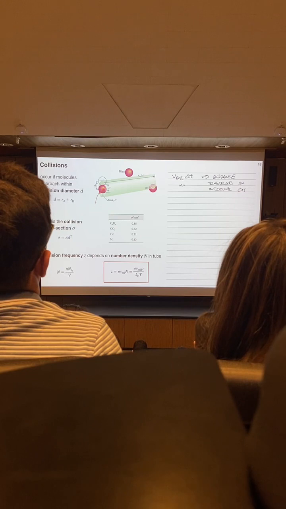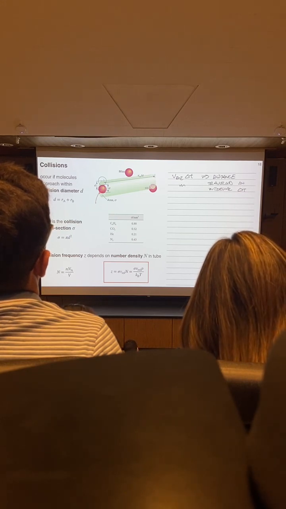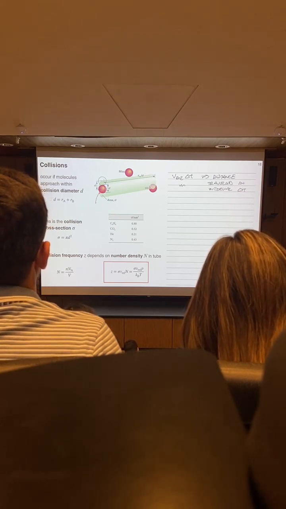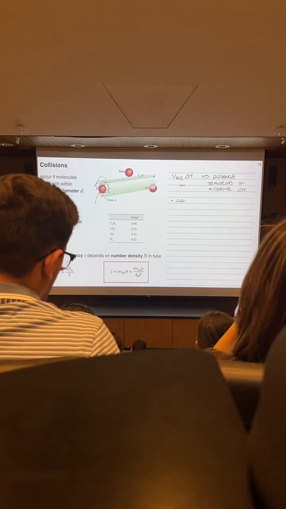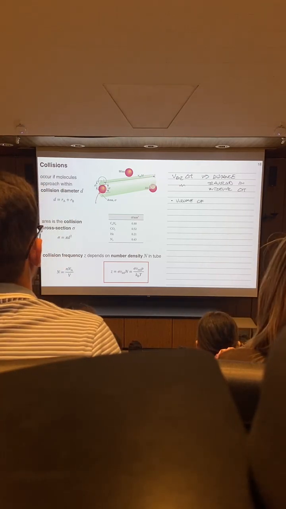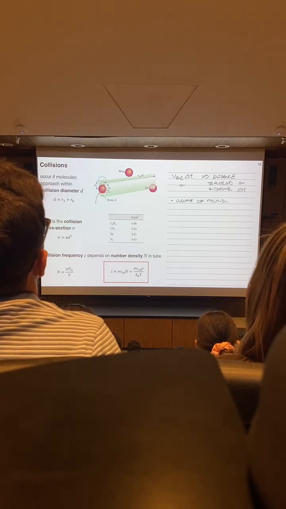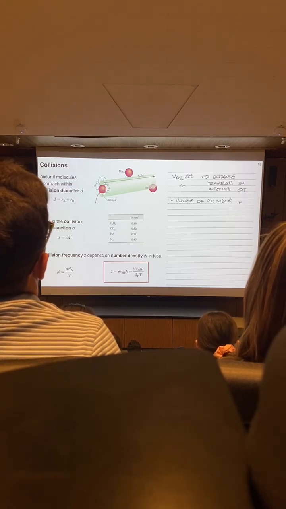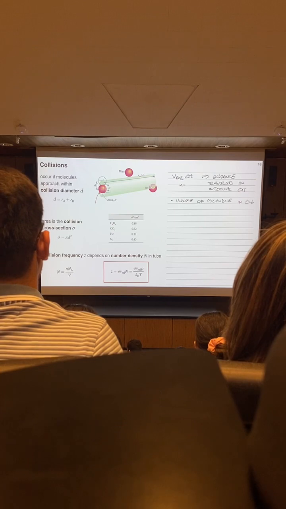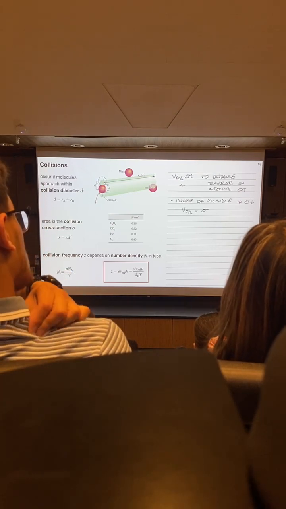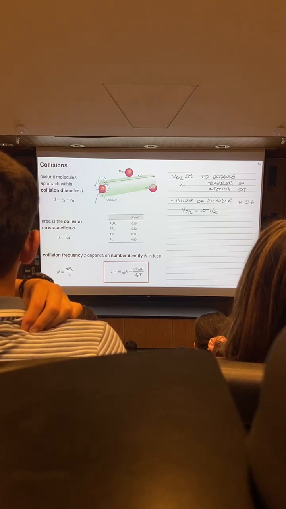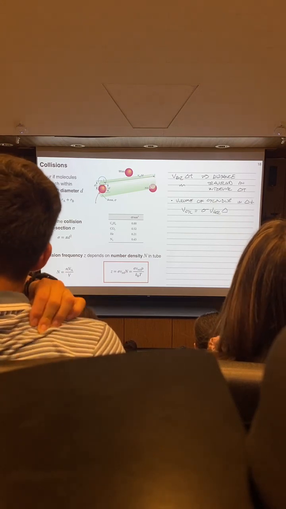Okay, so it will fly through space and collide with this particular molecule, and so the volume of the cylinder swept out in delta t is going to be equal to the cross-section times the relative speed times delta t.